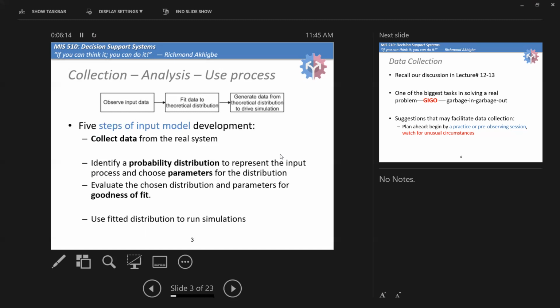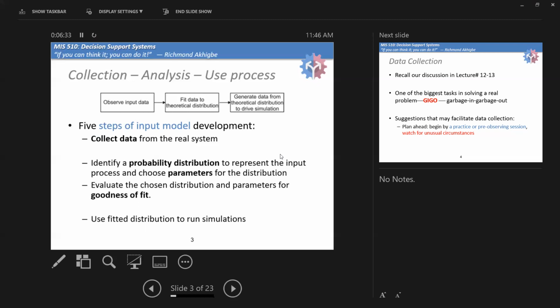Do you understand at least the purpose of the goodness of fit test? If you're saying that 95% of the time it will capture what is going on in reality, but 5% of the time it may deviate, that's the kind of thing we are looking at.